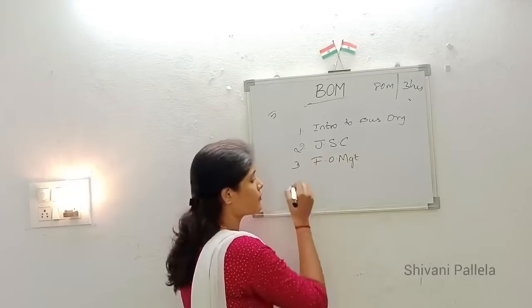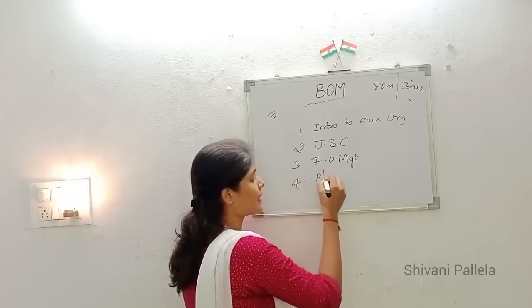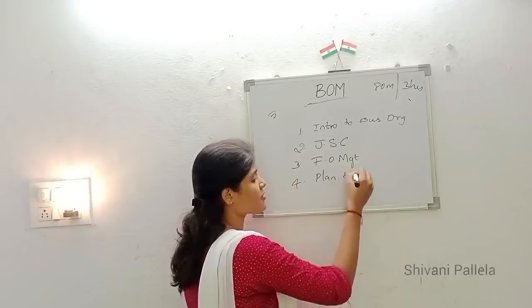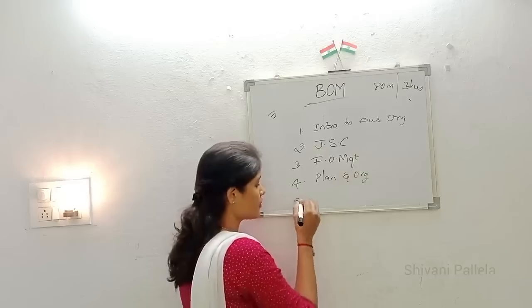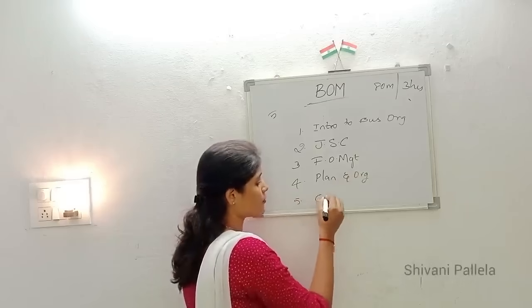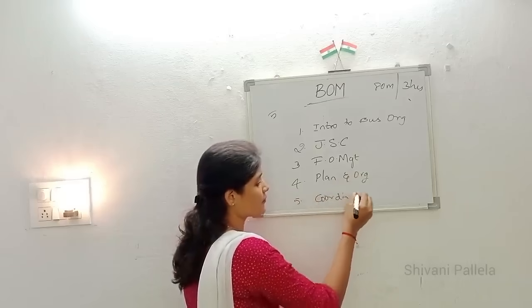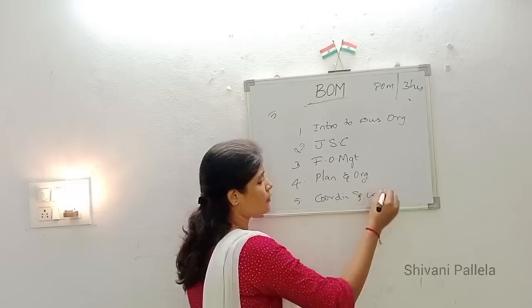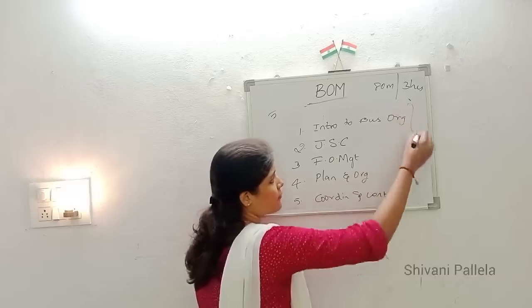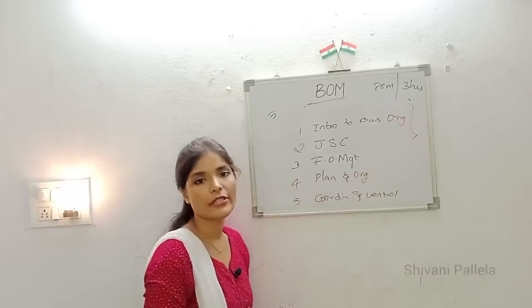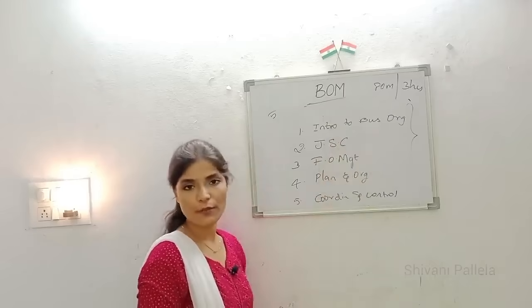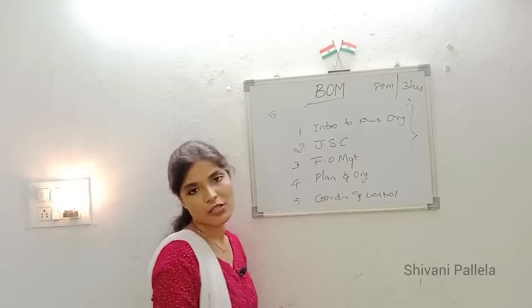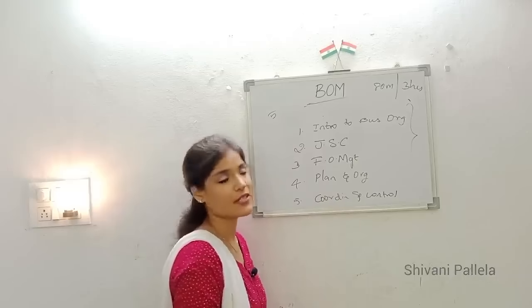Fourth unit, planning and organization. Fifth unit, coordinating and control. These are the 5 units in your syllabus content. In each unit, what topics you need to prepare and what answers you need to present in the examination booklet, now we will discuss.